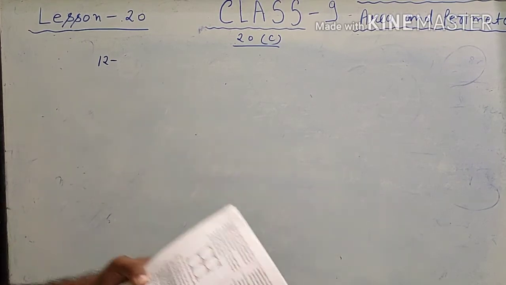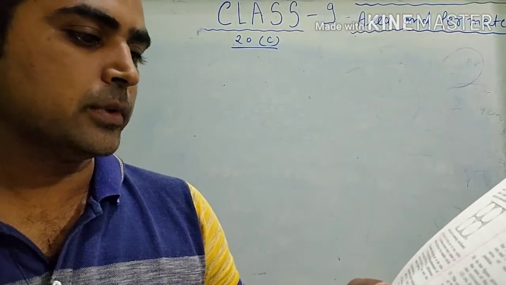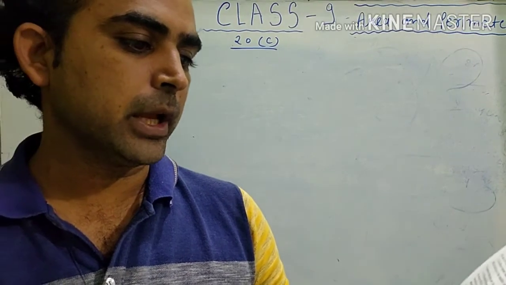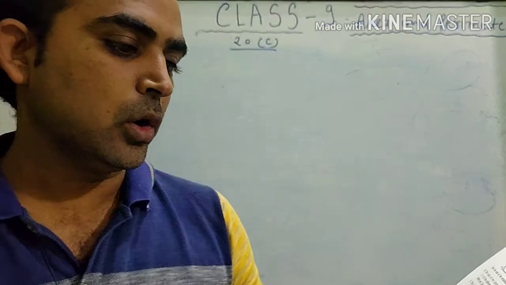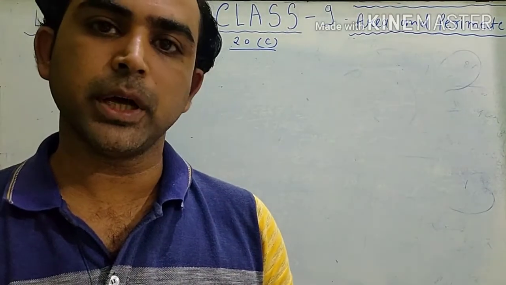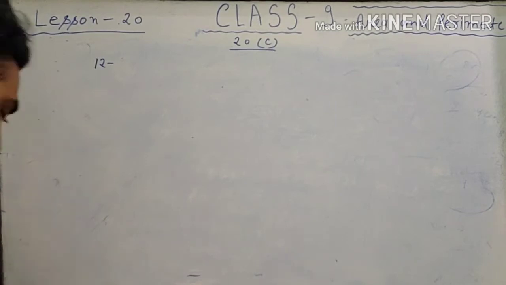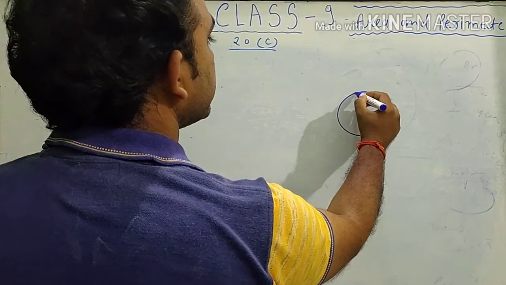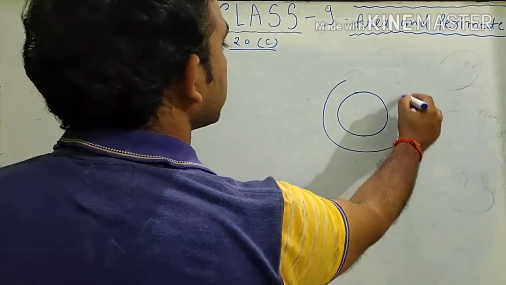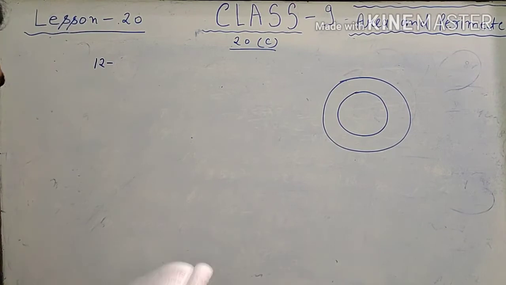Okay student, now we solve question number 12. Find the area of the ring shaped region enclosed between two concentric circles of radius 20 centimeter and 15 centimeter. Question number 12 is a ring shape. This is the inner circle and this is the outer circle, and this forms the ring.